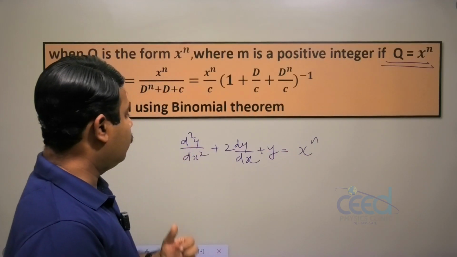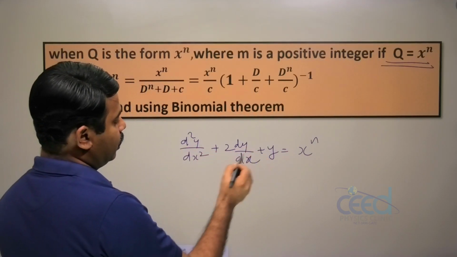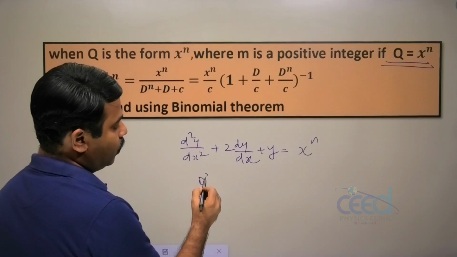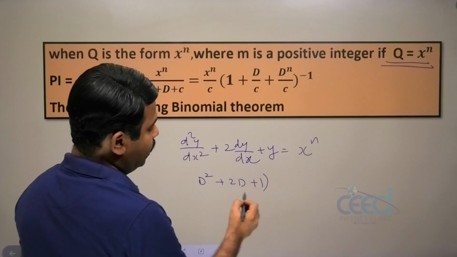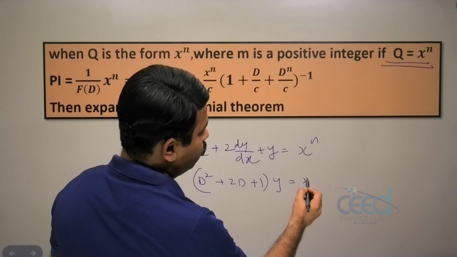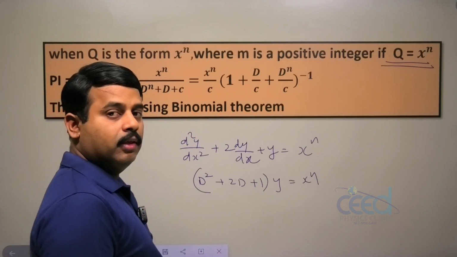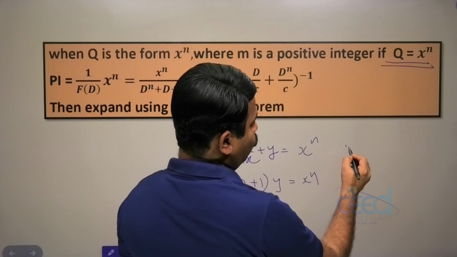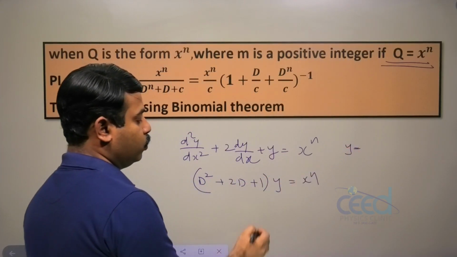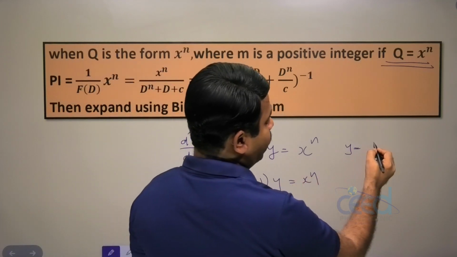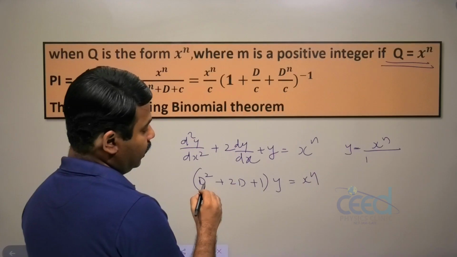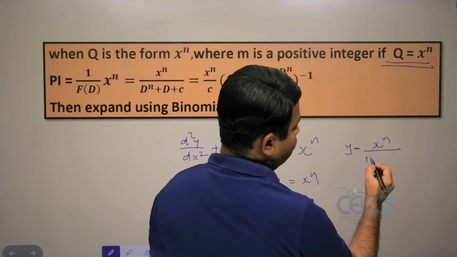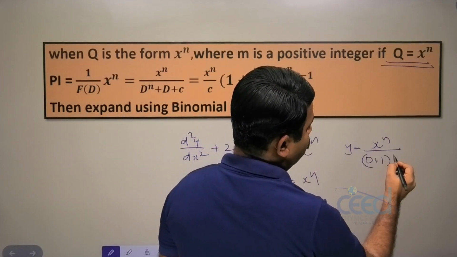Then you write the differential equation as d square plus 2d plus 1 into y equal to x raised to n. Now the particular integral solution is y equal to x raised to n divided by d plus 1 the whole square.